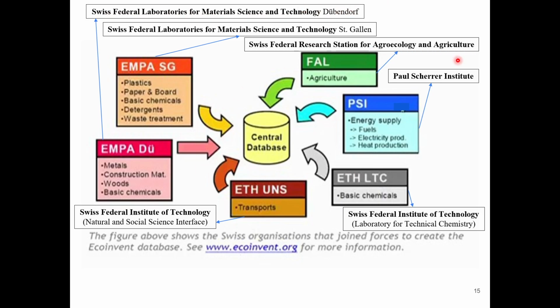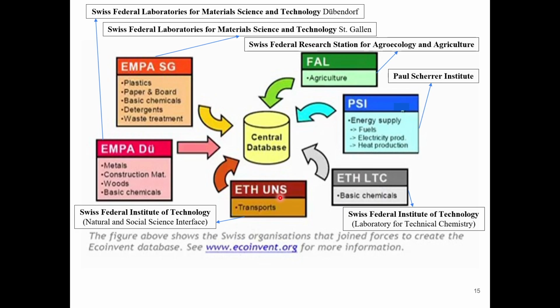So how did these institutes play a part? FAL contributed the databases associated with agriculture. Similarly, the Paul Scherrer Institute, PSI, supplied databases associated with energy supply, in terms of fuels, electricity production, and heat production. The ETH LTC provided databases related to basic chemicals.